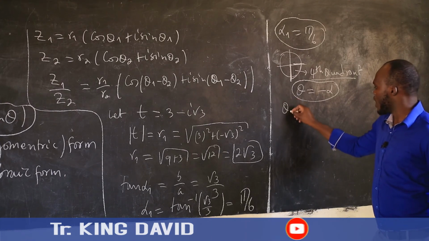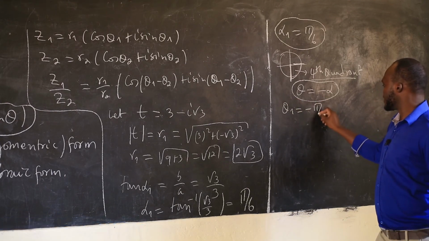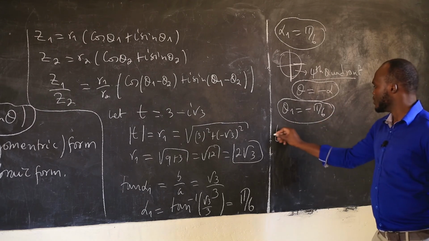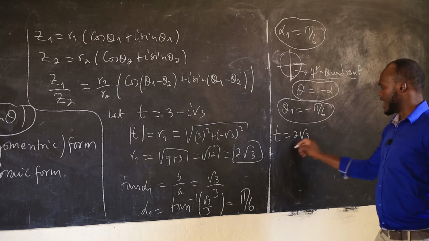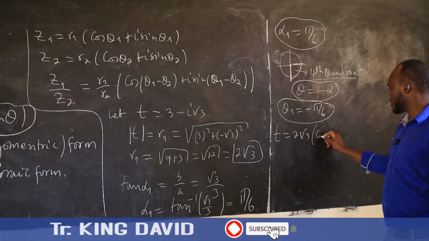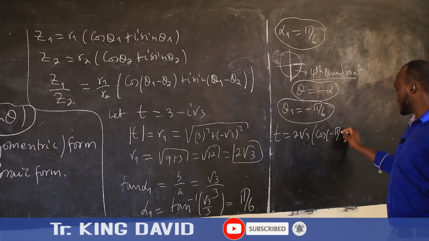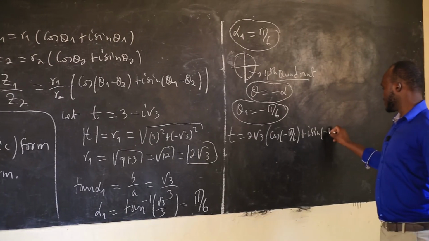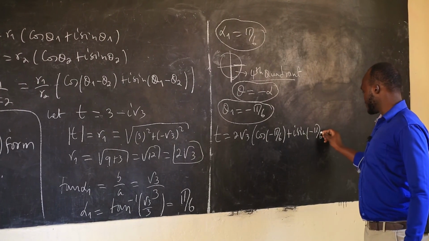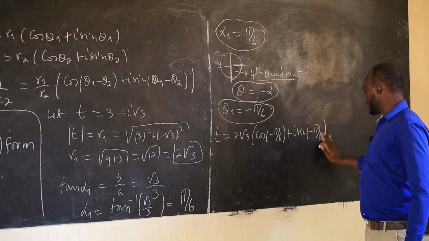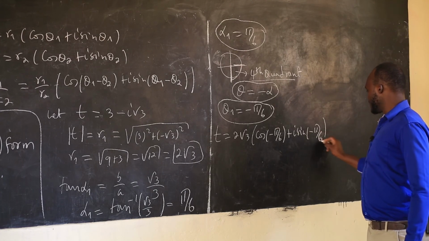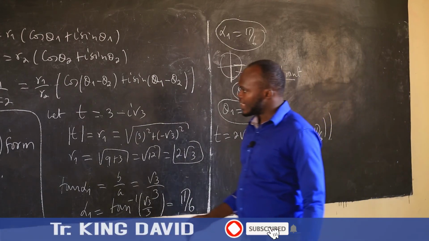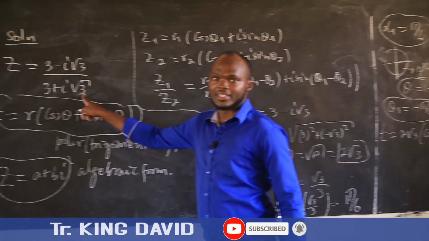So our angle 1 will be equal to negative pi over 6. Therefore, our t will be equal to 2 root 3, which is r, into bracket cos of negative pi over 6 plus i sine of negative pi over 6. So that is t.